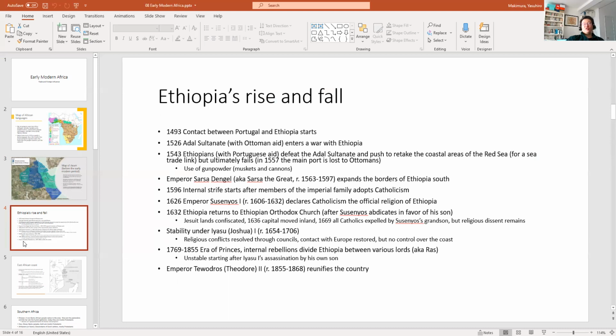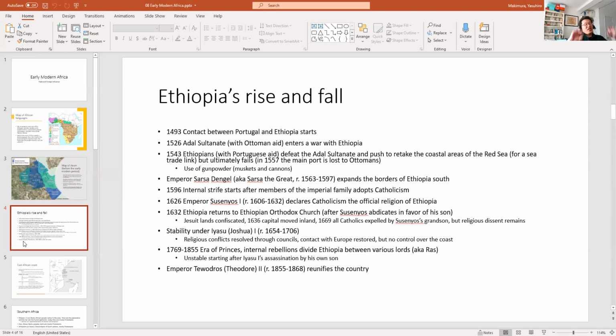And this throws Ethiopia into turmoil. There is now religious conflict over what kind of country Ethiopia is going to be. Is it going to be a traditional Orthodox country, or is it going to adopt this new Catholic religion? And along with this, there's this question about the nature of Christ, et cetera, et cetera.